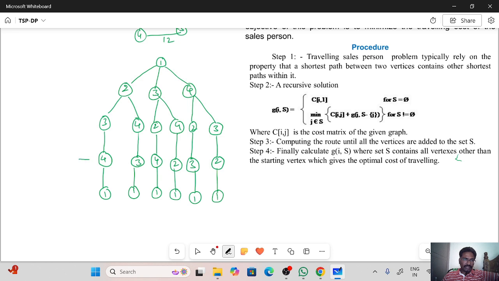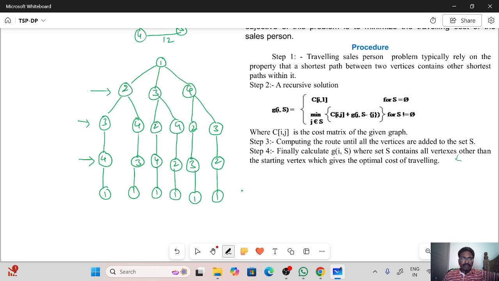First we find the cost of 421, then 321, then 421 and so on. When I am at this level I am going to find the traveling cost from 324 and 421 or 423, 321 and so on. When I reach here I find the minimum of either 341 or 431 at node 2.